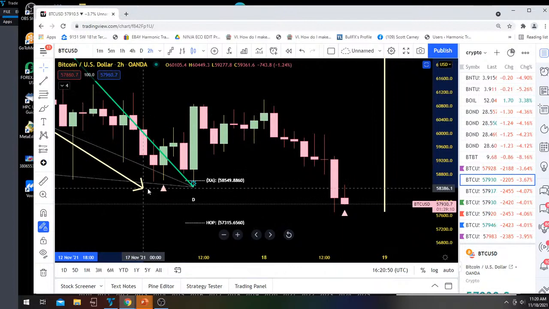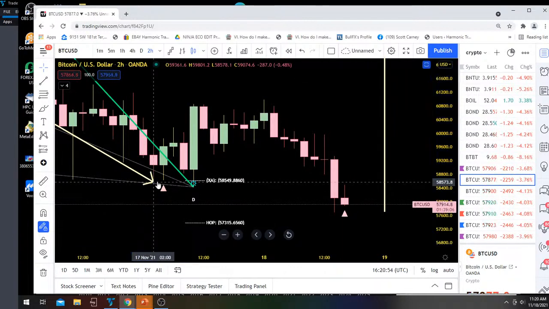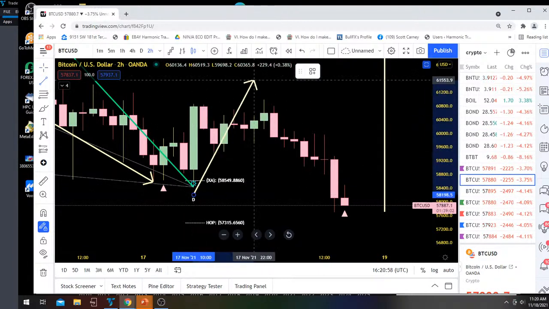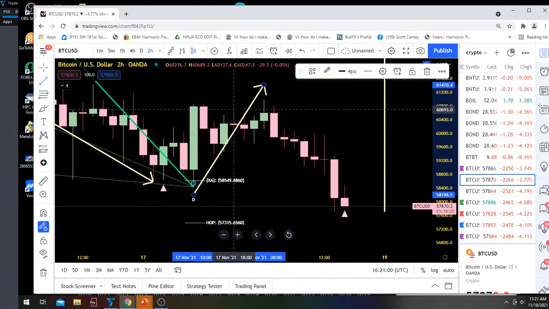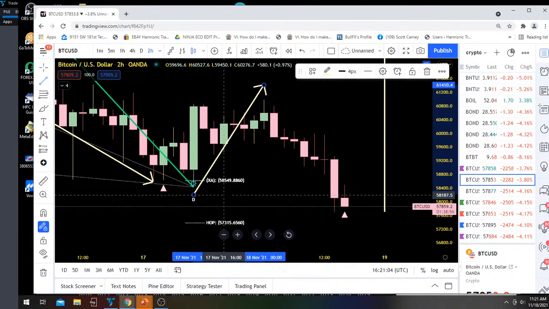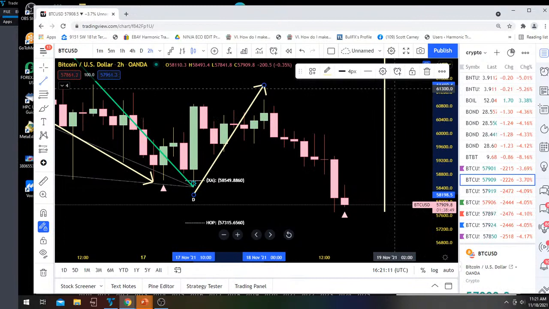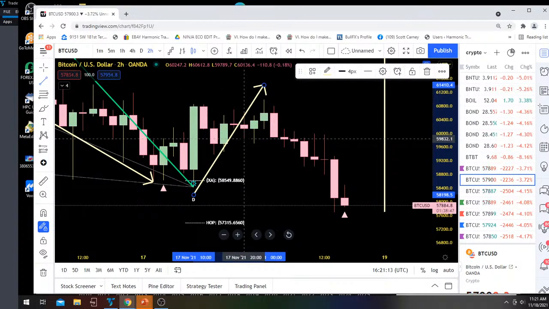If I see something that precedes the XA like that, what I normally expect is just a reaction. A reaction until it can't continue. Sometimes it gets target 1, but without that confirmation, again, I've said this before, I go to a reactionary mindset.